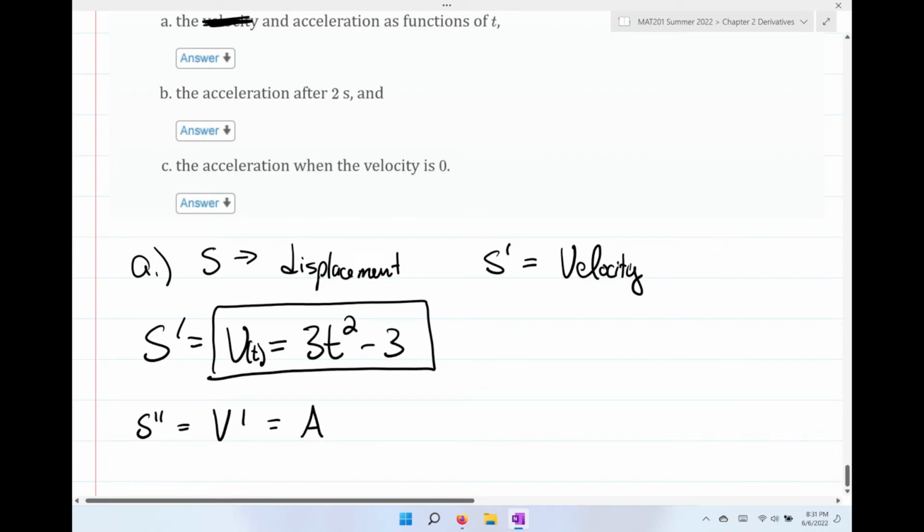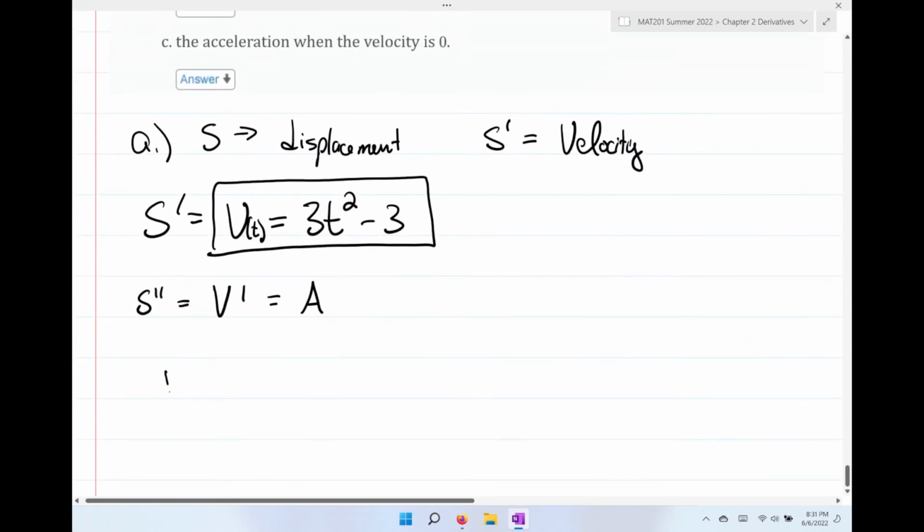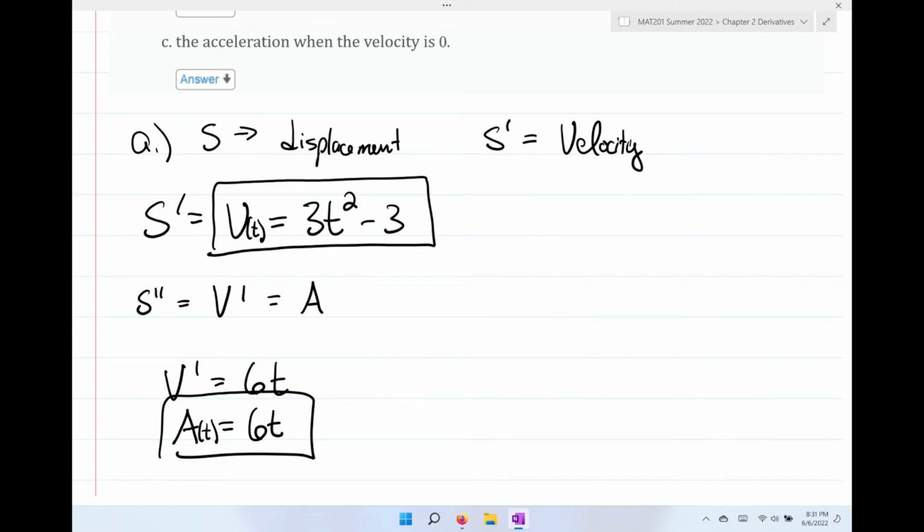So v prime is going to equal 6t, which I'm just going to substitute in as a, and say there's my acceleration right there. Now, like I said, technically, this is a of t. So we have our velocity function, we have our acceleration function. All right. So part A is done.